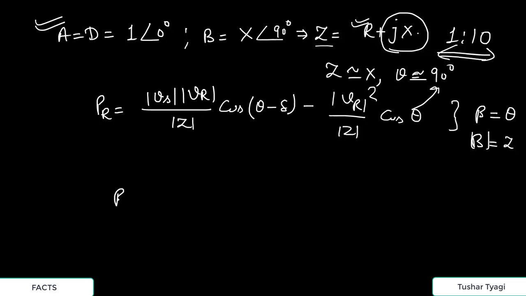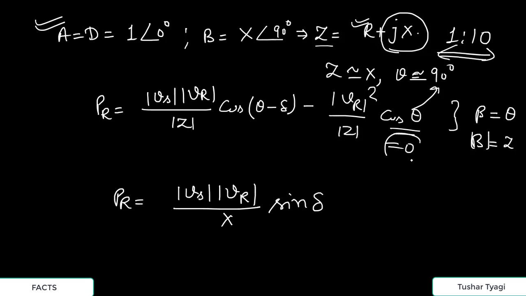This equation will become PR is equal to mod of Vs mod of Vr divided by X sine delta, because cos 90 minus delta will be sine delta and cos 90 will be equal to 0.